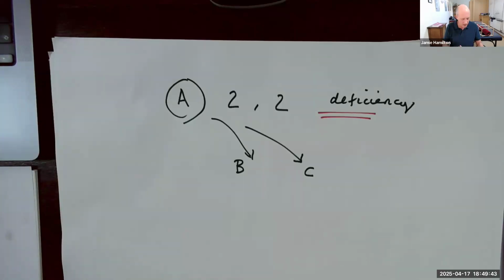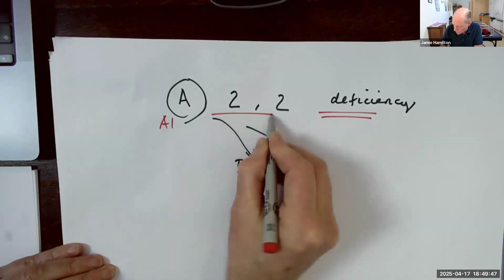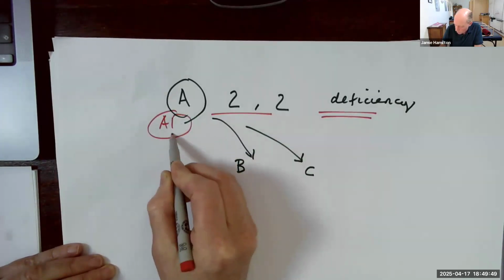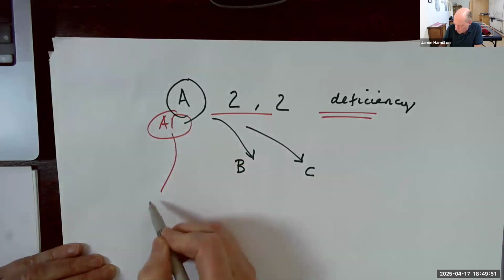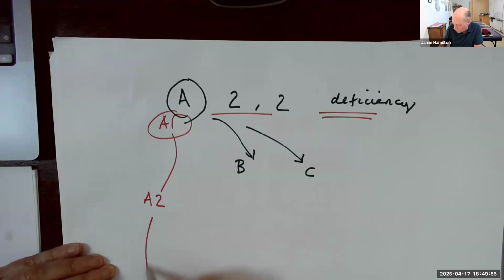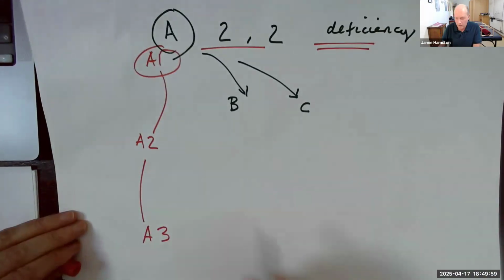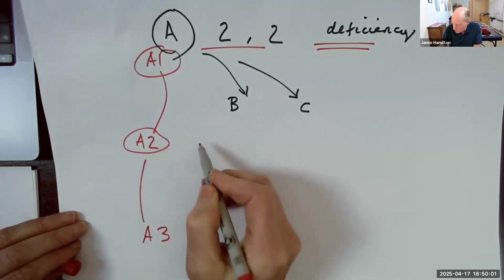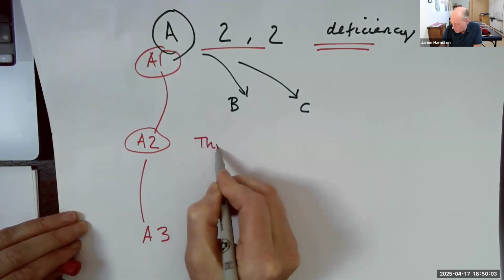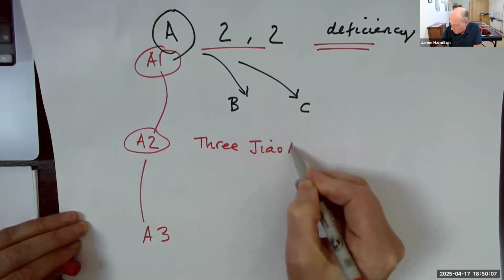So let's just say this is A1. We've got 2 and 2. The next stage of step A is going to be A2 before we go on to A3. And A2 is the 3 Jiao method.